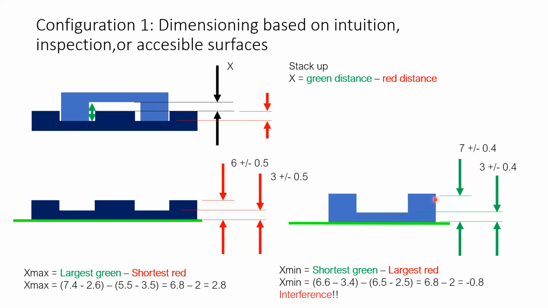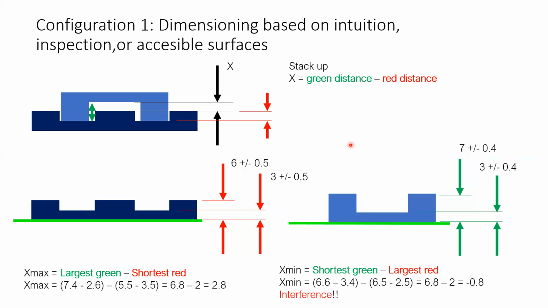If we assemble the very worst case component one with the worst case component two, we will get some interference, 0.8. So probably we need to come back and reduce the tolerances, any of them or a few of them, or we need to change the design.